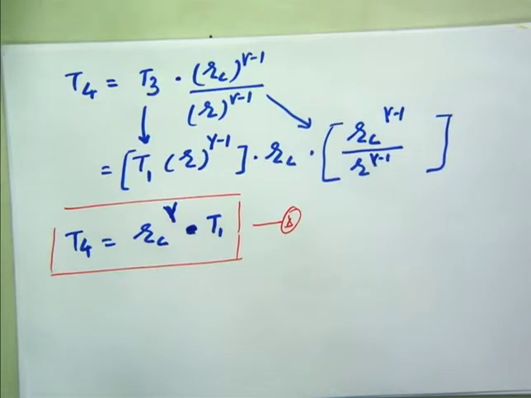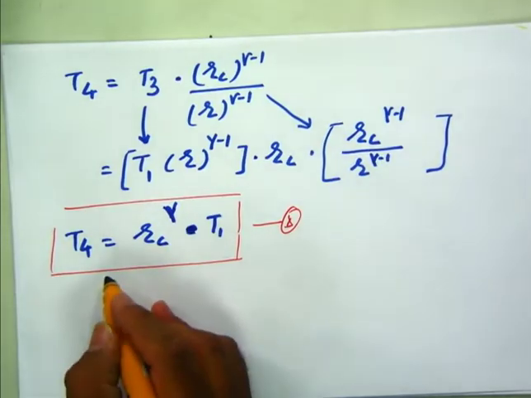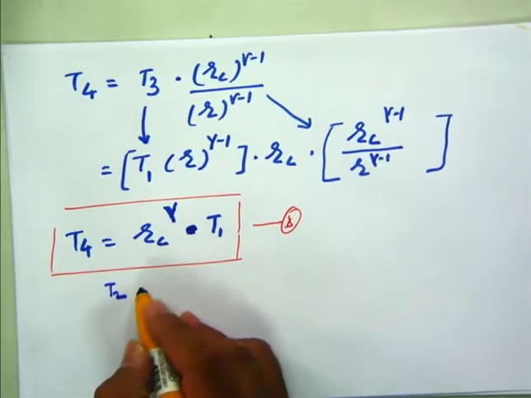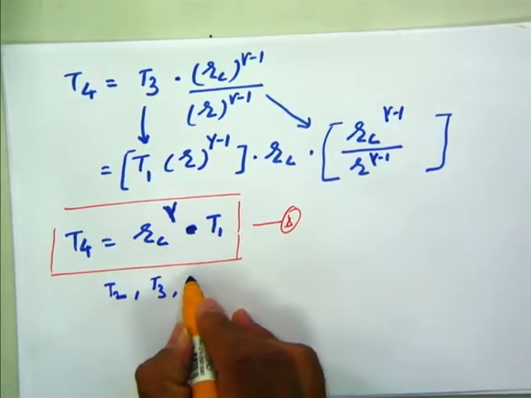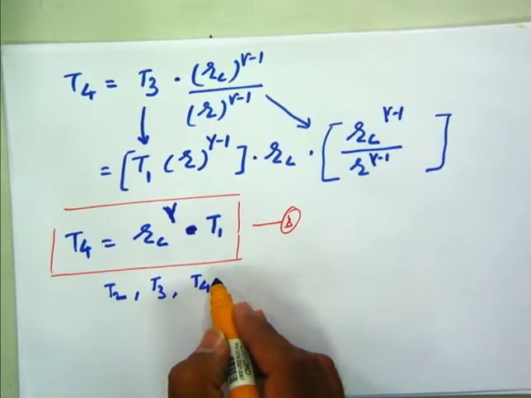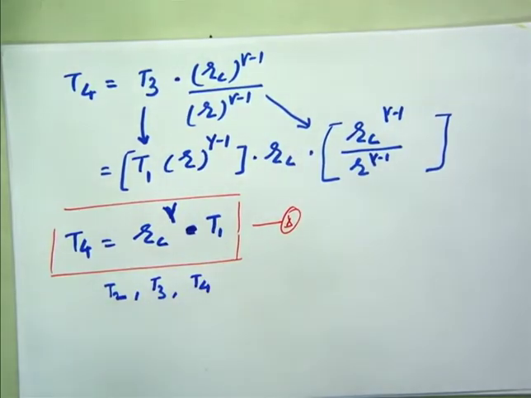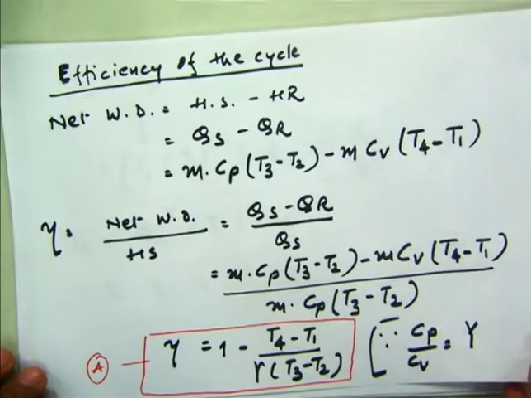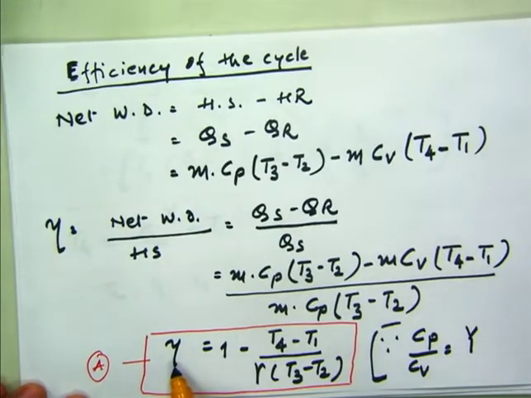So now you have to put the values of T2, T3 and T4 in the equation which we have used, equation A, that is efficiency is equal to 1 minus T4 minus T1 upon gamma into T3 minus T2.